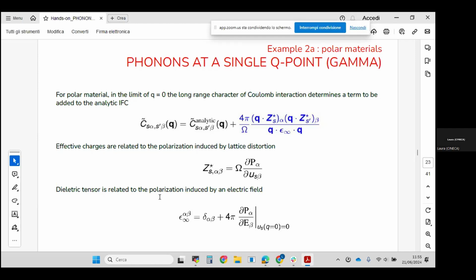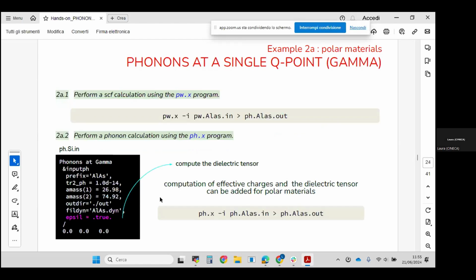Phonon, the ph.x code, provides indeed also these quantities if you specify this in the input. So, of course, also for this example, we need to start with the ground state calculation, and then you need to do the second step. But this time, you need to specify also that you want to compute the effective charges.